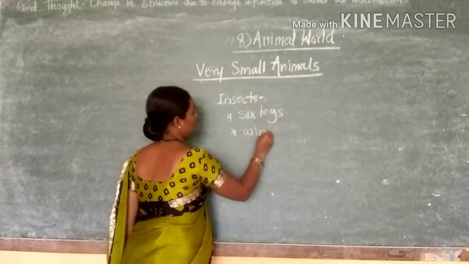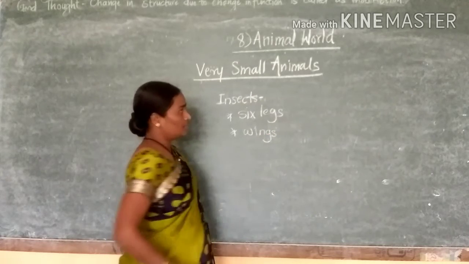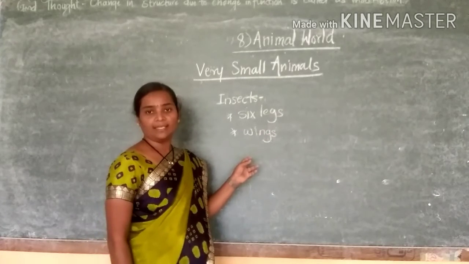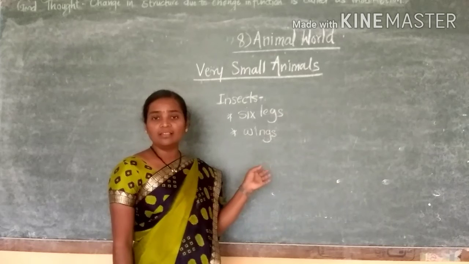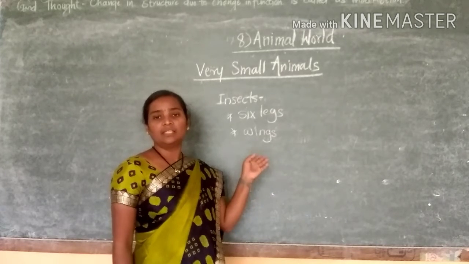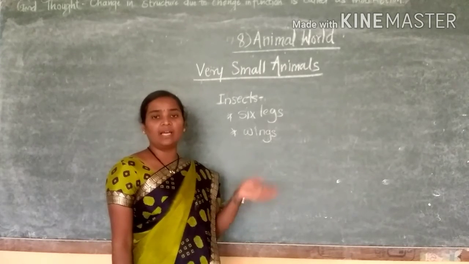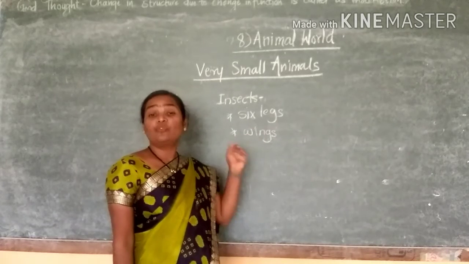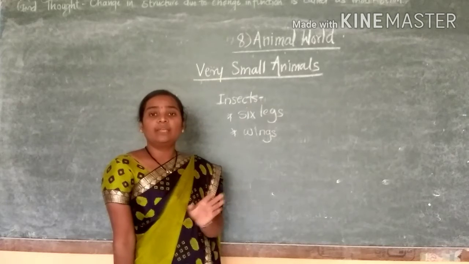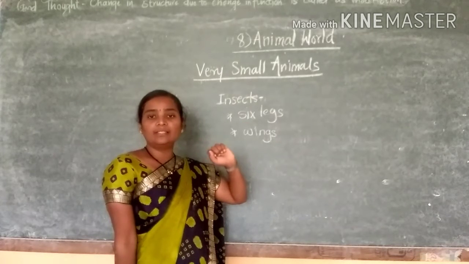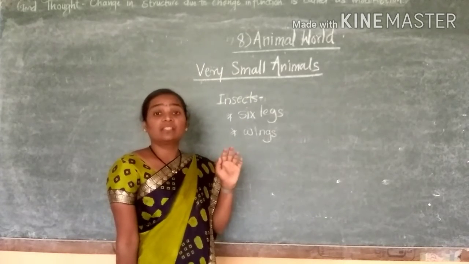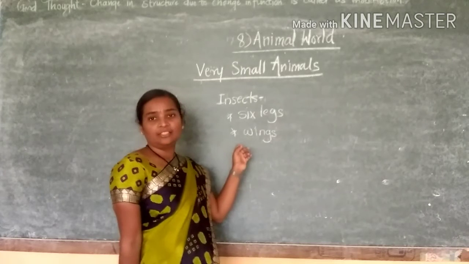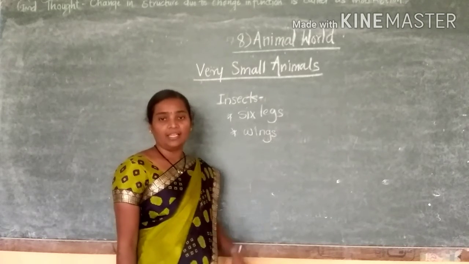So, students, very small animals are there. They are the ant, then butterfly, housefly. These all are the very small animals. To them we can say these are the insects. Insects having the six legs and two wings to fly.